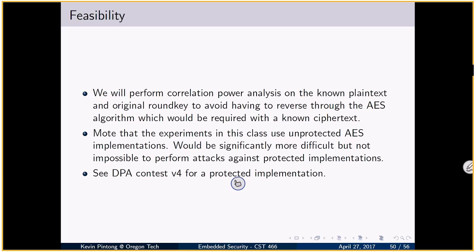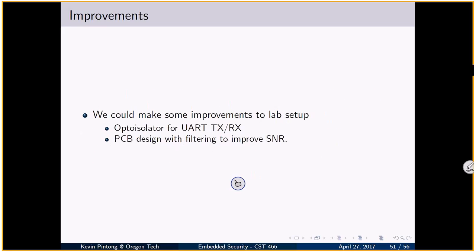There's something called DPA contest, differential power analysis contest version 4. There's version 1, 2, 3, 4. For protected implementation, it's basically a contest of security researchers to see who can protect the algorithm, right? What methods can we use to protect the algorithm or attack the algorithm, rather, right? I think this one's more of an attack contest.